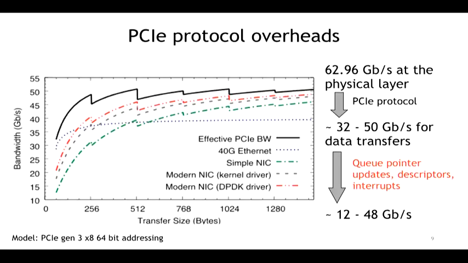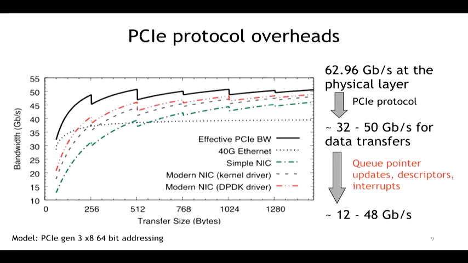This is just for pure data transfer. If you then implement or model something like what a normal NIC does, you have descriptor rings in host memory, you have queue pointers on the NIC, and all these accesses, like transferring descriptors, are all PCI transactions.